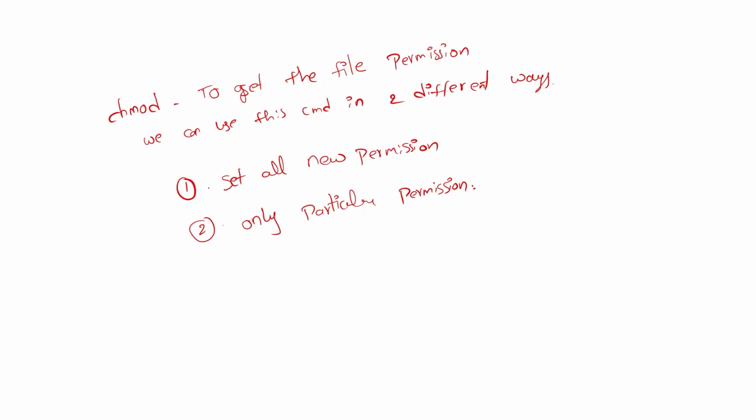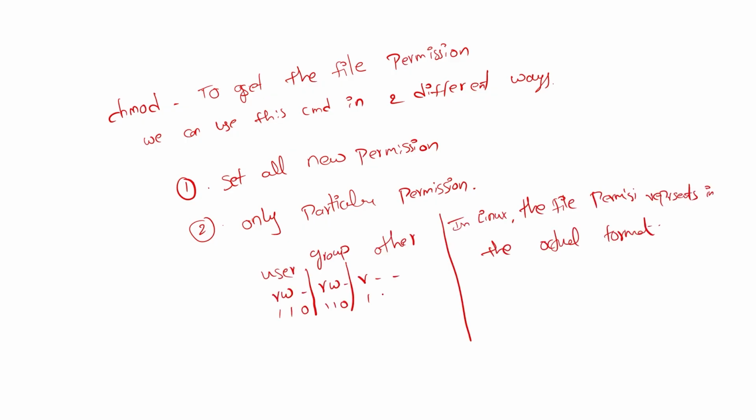Okay, it means, see, 110 110 100, right? Now tell me the octal number: 664, right? So if anyone asks what is the permission for the ABC file, you have to say 664 octal, right?